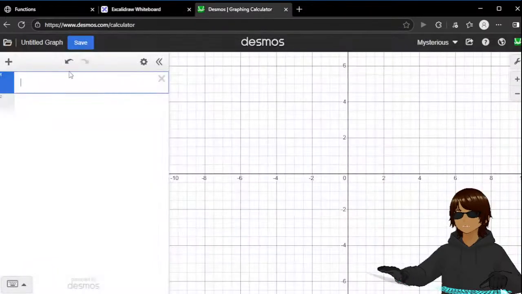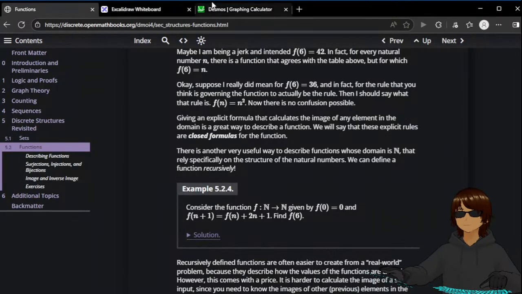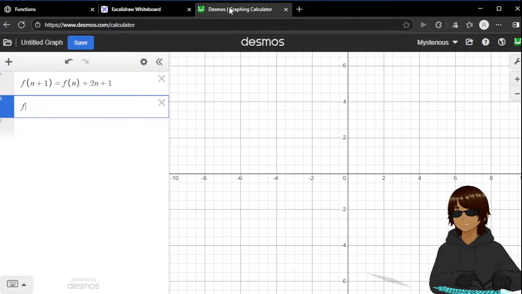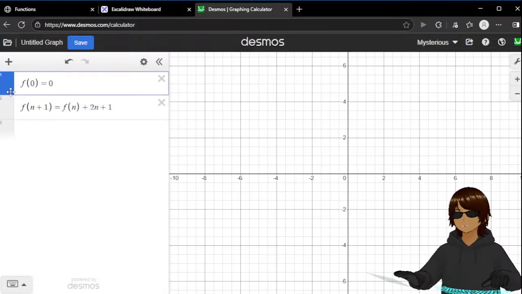Let me just do it in Desmos. f(n+1) plus 2n plus 1. f(0) is 0.